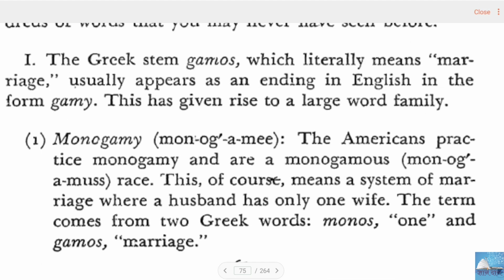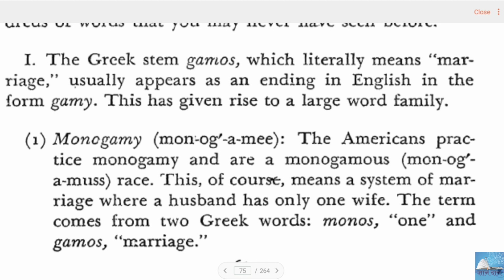Number 1. The Greek stem gamos, which literally means marriage, usually appears as an ending in English in the form gamy. This has given rise to a large word family. Monogamy.